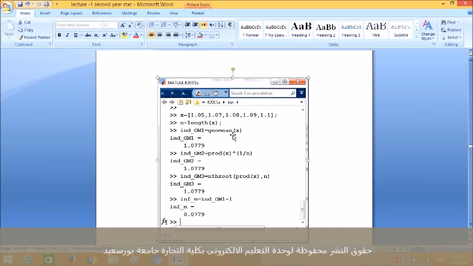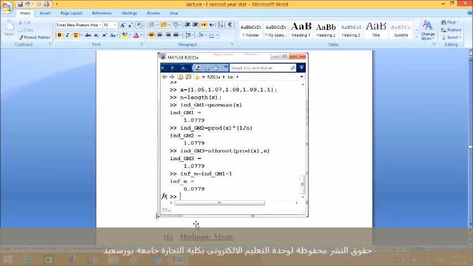Then use the syntax geomean of x to compute the index number for these data. This is the index number. Using prod or nthroot, you can use other ways, other functions, but the inflation mean will be GMI, which is the index, minus 1 equals 0.078, which means 7.8%, right?